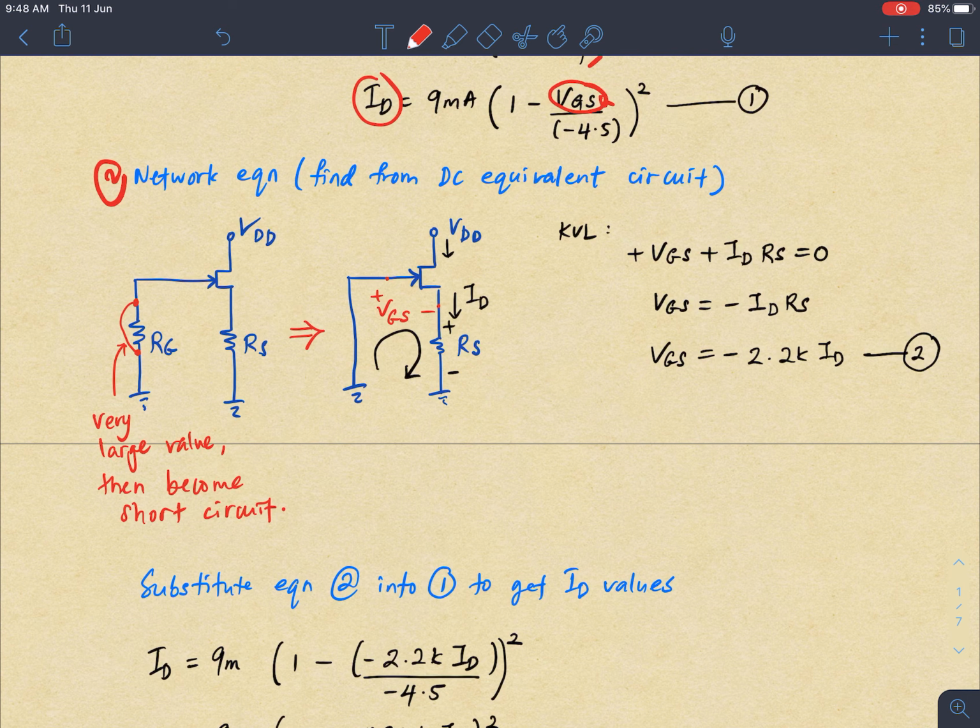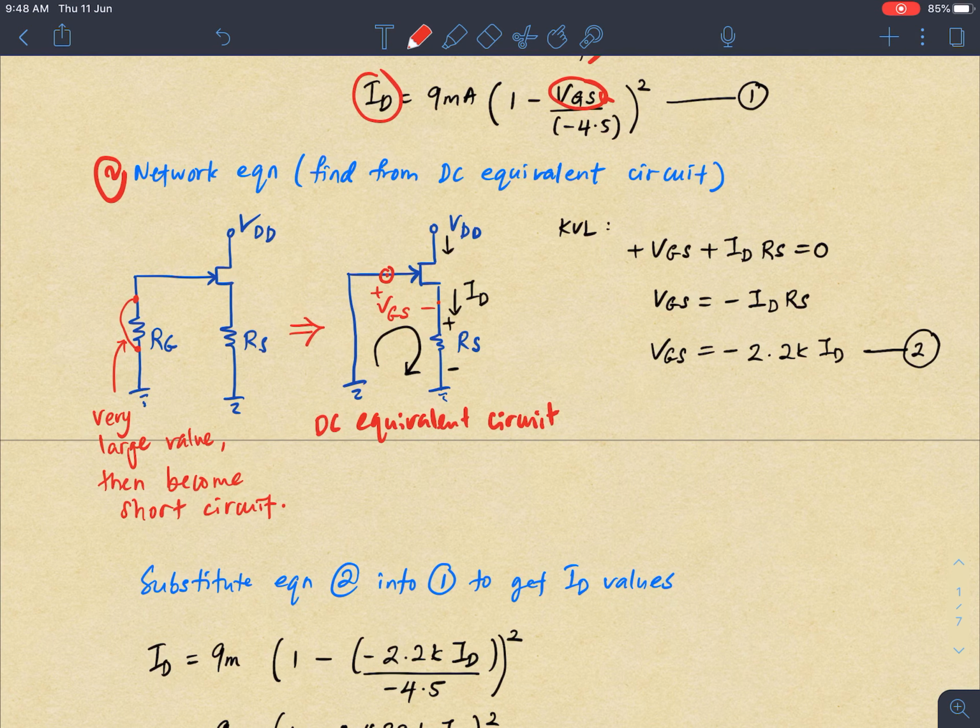For VGSQ, you need to derive it from the DC equivalent circuit. You must change the original circuit into the DC equivalent circuit. So from here, this is the VGS.